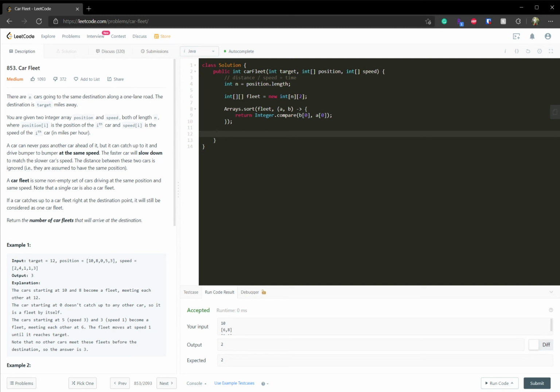And then we can start to iterate through the entire fleet. We also need to keep track of the slowest time and the number of fleets, starting at 0.